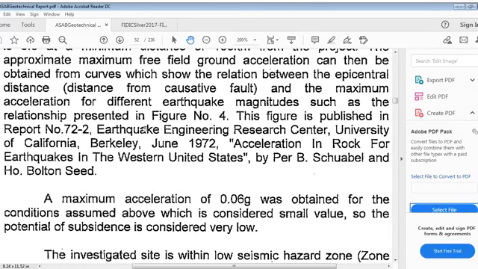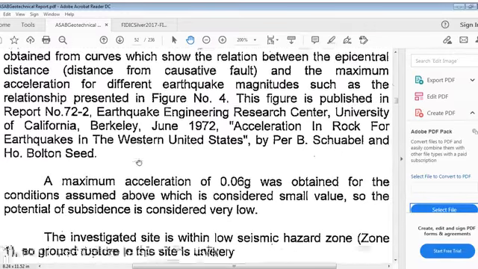This figure is published in Report number 72, Earthquake Engineering Research Center, University of California, Berkeley, June 1972, Acceleration in rock for earthquakes in western United States by Donovan and Bolt.